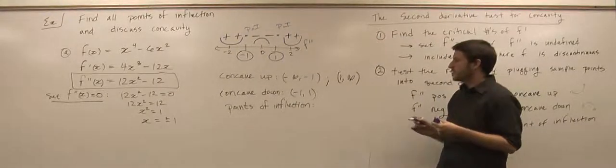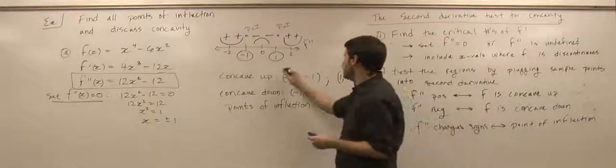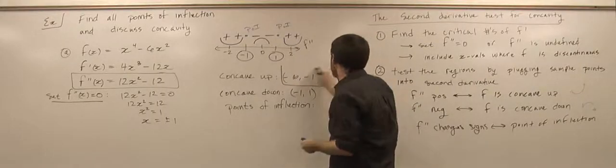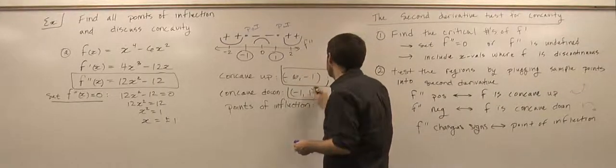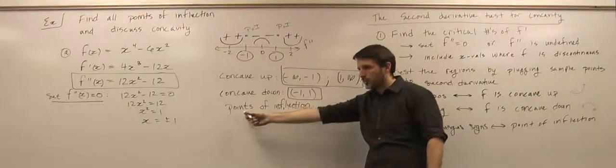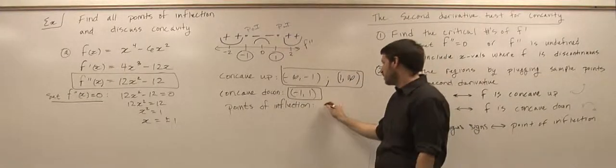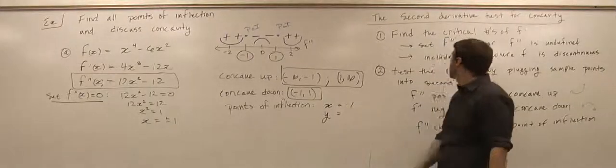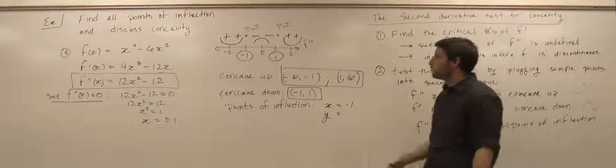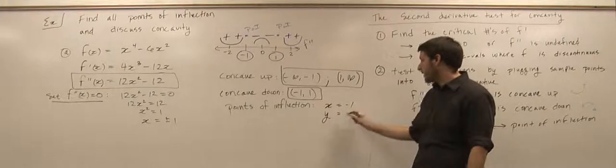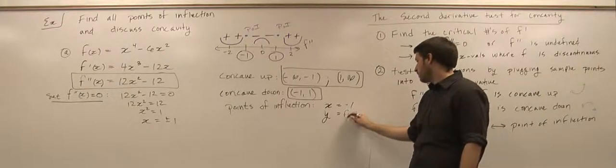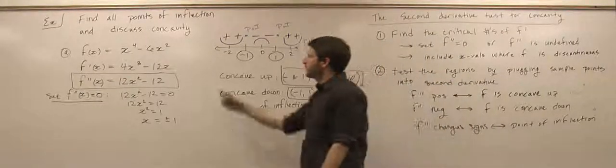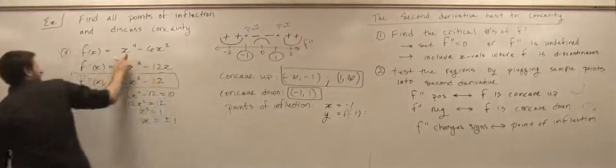So now I actually have to plug some things in, right? Found concave up, I found concave down. But a point of inflection is just that, it's a point. So I have an x value. I need to get a y value. How do I get my y value? Plug it into the original, right? You have to find f of -1. So go back to your original, plug in -1.